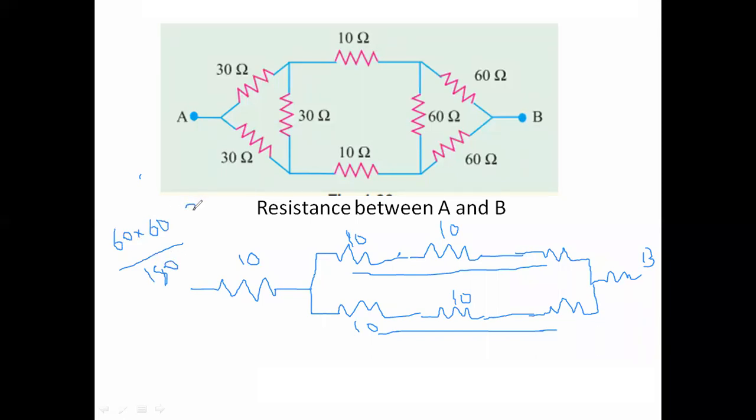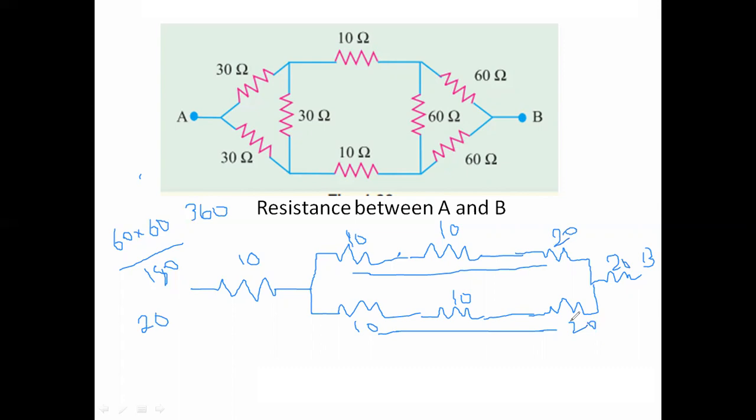So 3600 divided by 180 is 20 ohms. Because all are having equal resistance, each one will get 20. This is 20, this is 20.